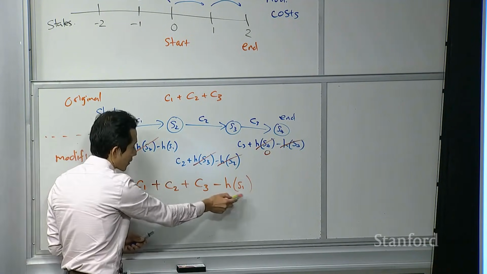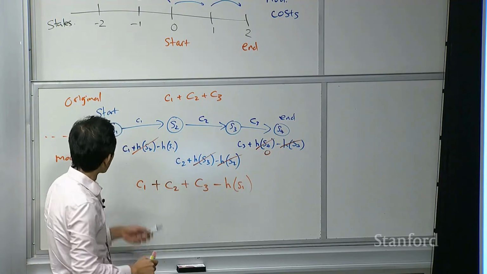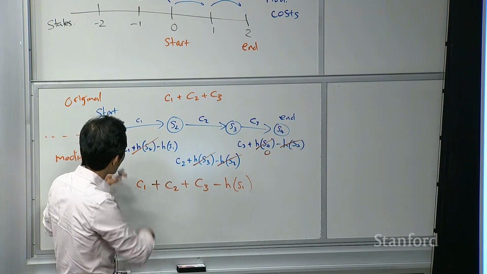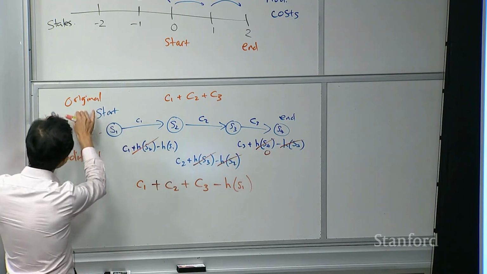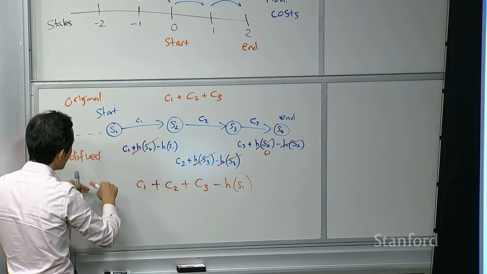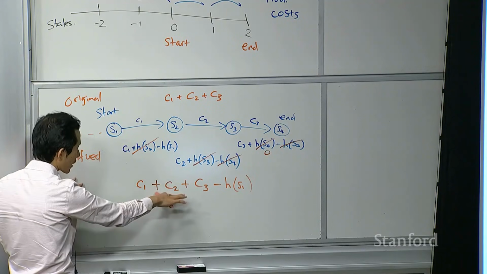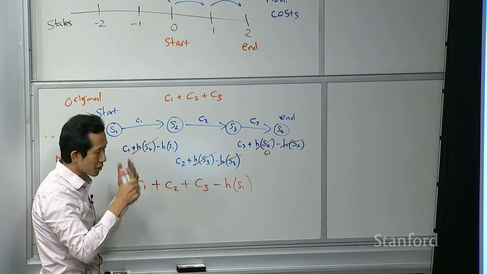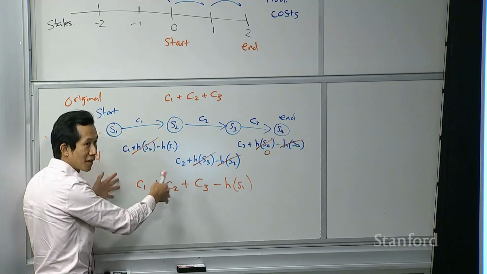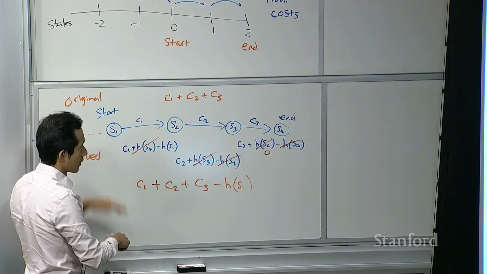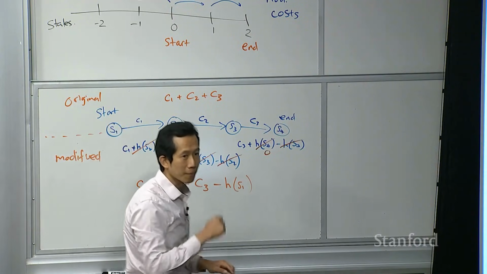H of S1 is a constant because all paths have to start at the start state, which means that for any path, the original cost is identical to the modified cost offset by this constant. So UCS on these costs is going to find the minimum of this, and that's going to be the same as finding the minimum of that.